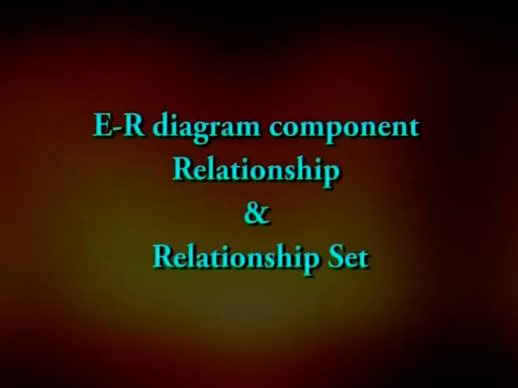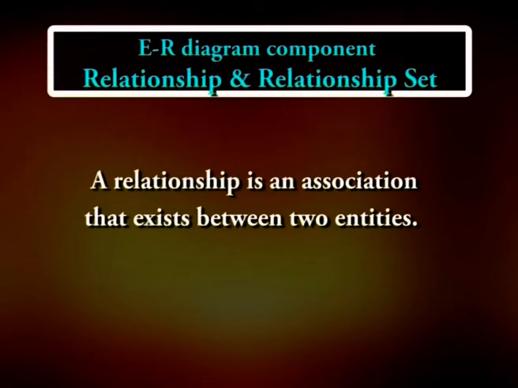Now, we move to the ER diagram components, relationship and relationship set. A relationship is an association that exists between two entities. For example, instructor teaches class or student attends class. Most relationships can also be stated inversely.